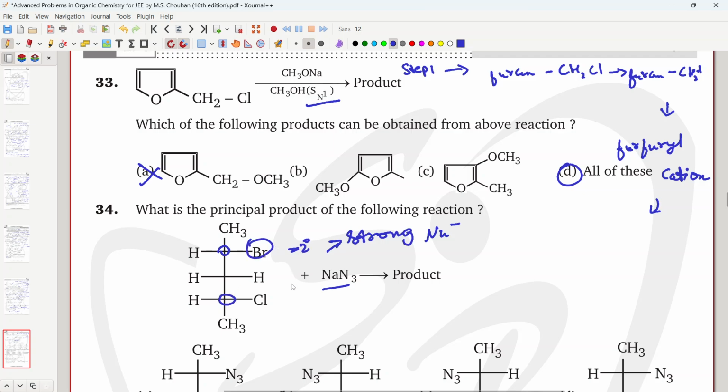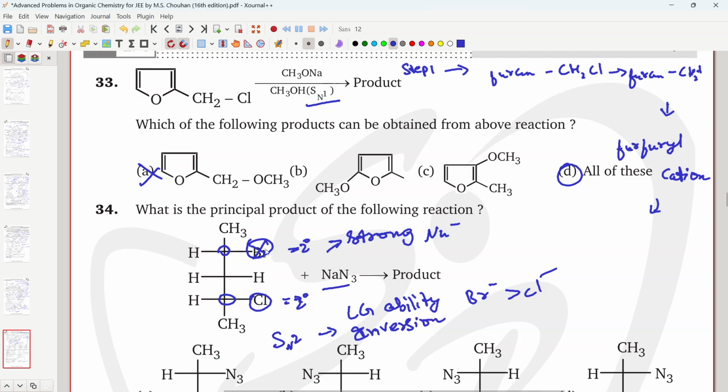This is secondary. This is also secondary. So now it depends on the leaving group ability. Br minus is greater than Cl. So the substitution occurs preferentially at the bromine-bearing carbon, right? So Br leaves. Then SN2 gives inversion, right?